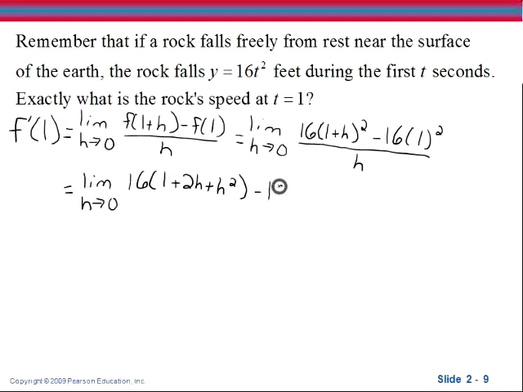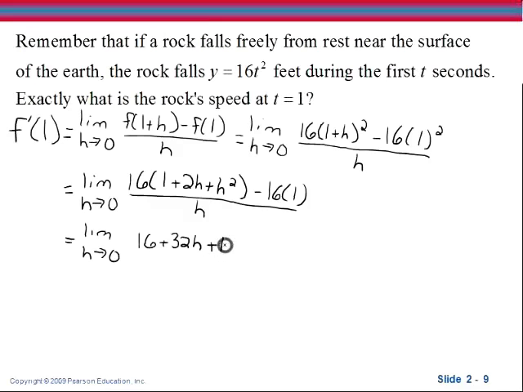And of course 1 squared is 1. Now we'll distribute. This is going to be the limit as h approaches 0 of 16 times 1 is 16, 16 times 2h is 32h, 16 times h squared is 16h squared, minus 16 times 1 is 16. And this is all divided by h.